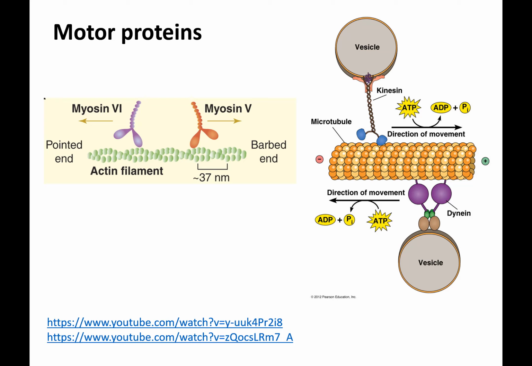The other thing that goes along with the cytoskeleton is motor proteins. And motor proteins are proteins that move things in the cell. So the first one we have here is myosin, and it moves along actin filaments. So this is part of muscle contraction.